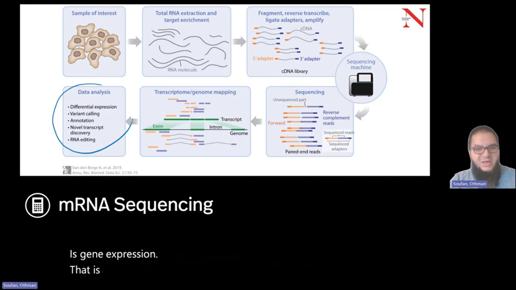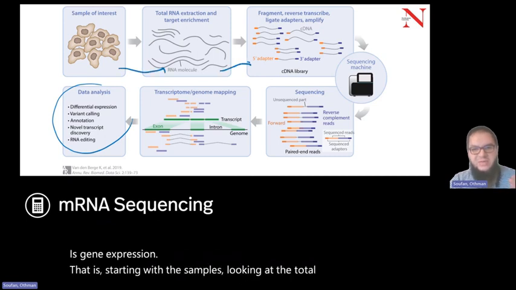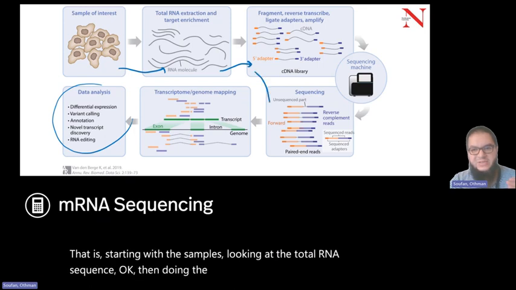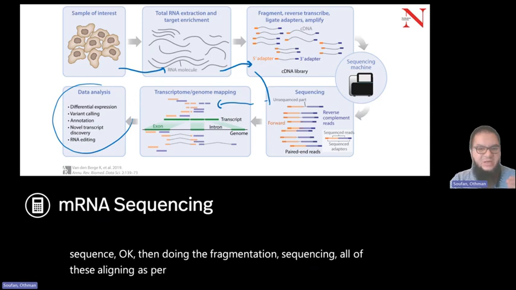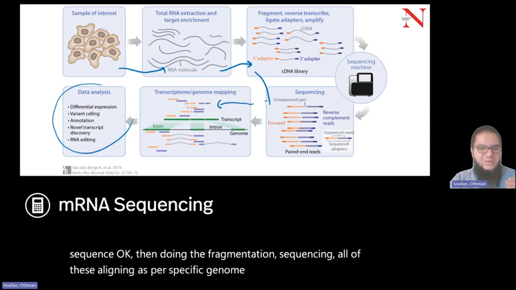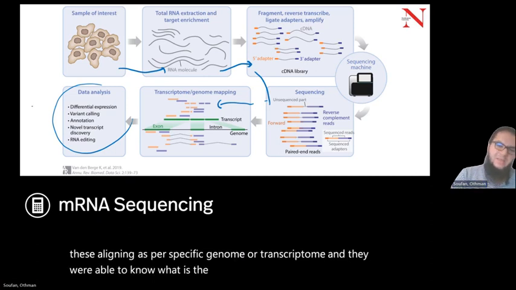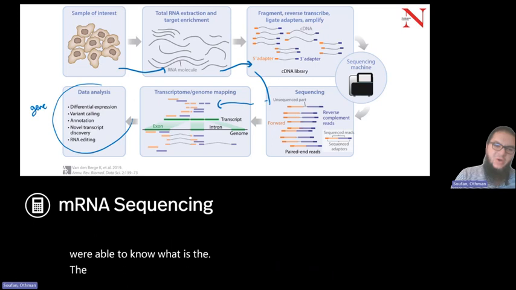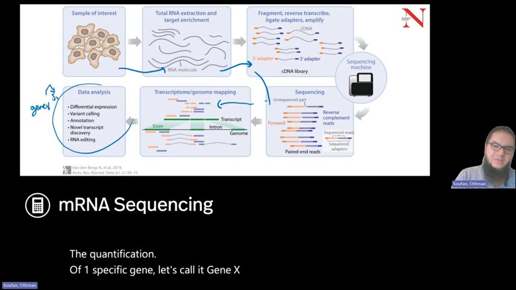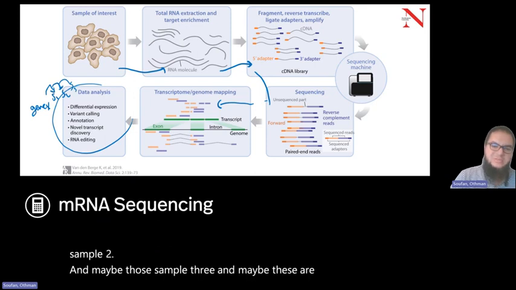That is starting with the samples, looking at the total RNA sequence, and then doing the fragmentation, sequencing all of these, aligning as per a specific genome or transcriptome, and then we're able to know the quantification of one specific gene, let's call it gene X, in sample 1, and sample 2, and maybe sample 3, and maybe these are control samples.